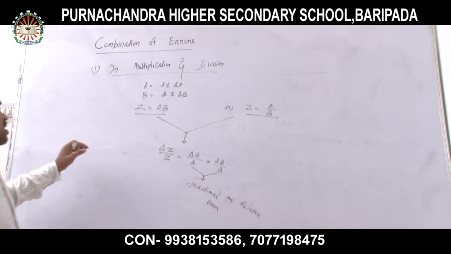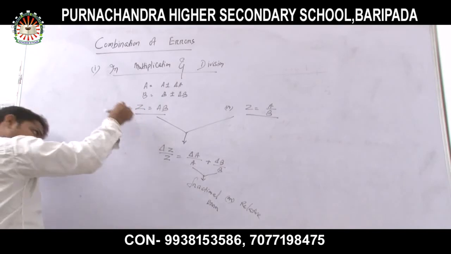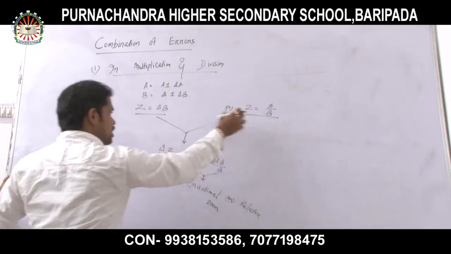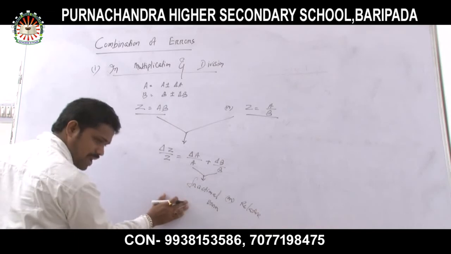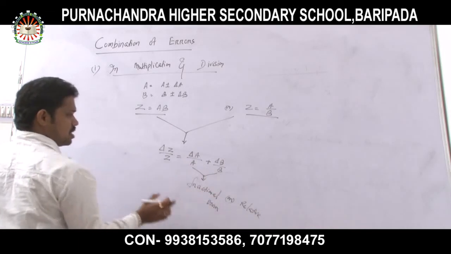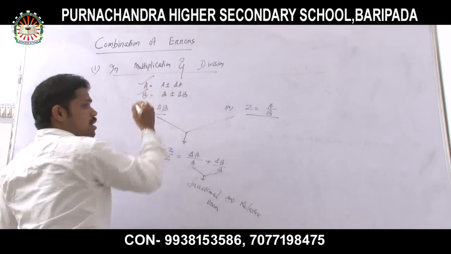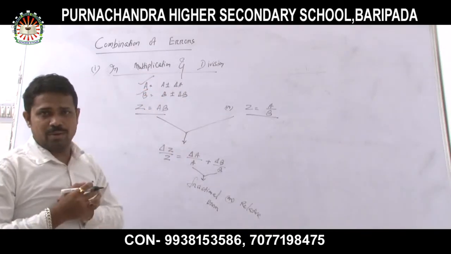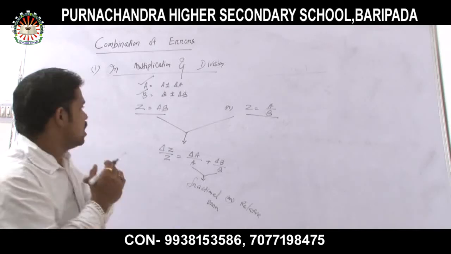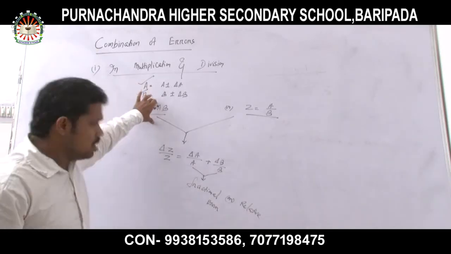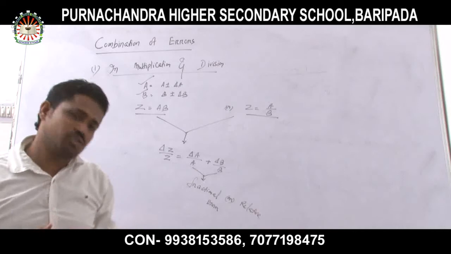Okay, so now in case of multiplication or in case of division, the errors can be found out in this way. That is, the fractional or relative errors of these physical quantities A and B will be added. They will be added simply, whether that is multiplication or division, in both cases.